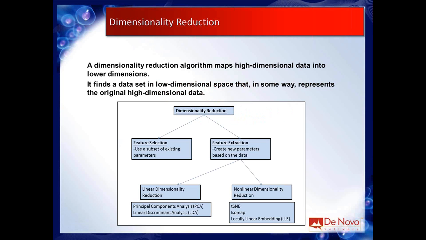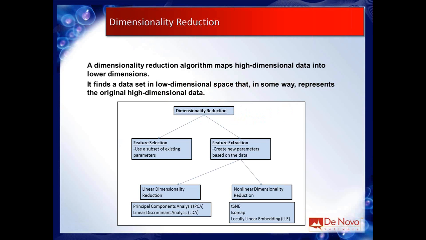That's actually a form of manual feature selection. Of course, there are statistical ways of doing it where you can try to determine which dimensions have the most information in them. That's what people have probably done the most, but we're going to deal with feature extraction, which is where you take your data and you actually try to derive new parameters from your existing parameters.